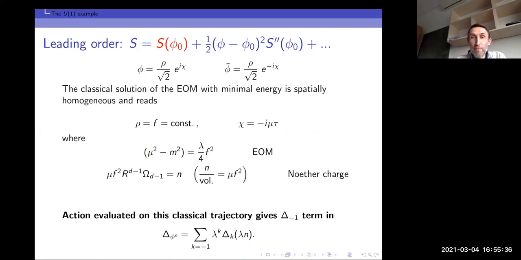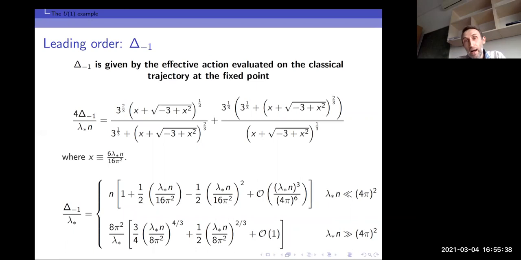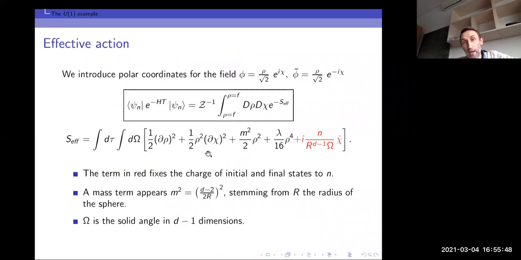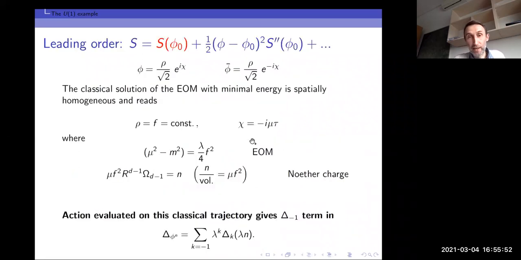So let's see what happens more technically. I skip some steps, guys, which are quite trivial, really. You have to solve these equations of motion, plug them back into the effective action here, and this is your answer basically. You'll find energy, and energy is related to the conformal dimension.